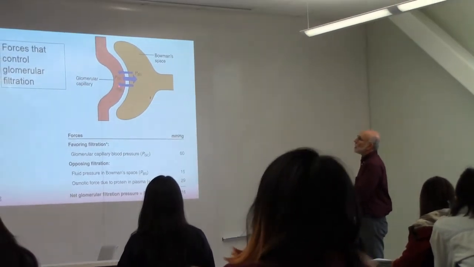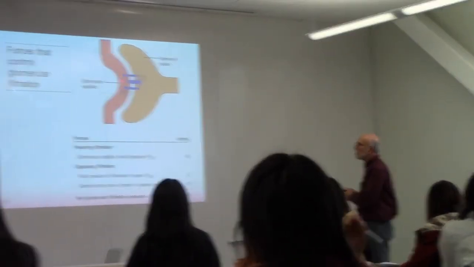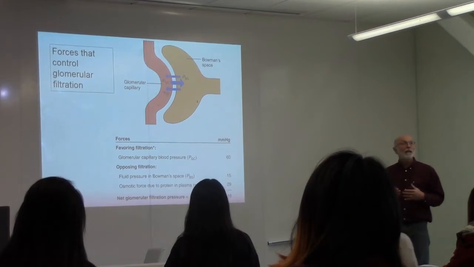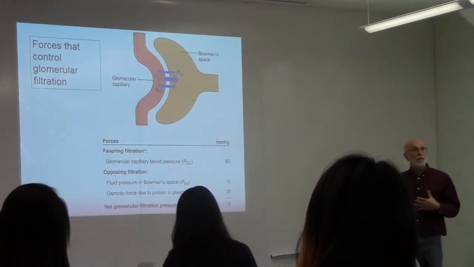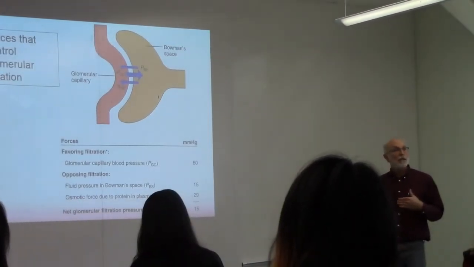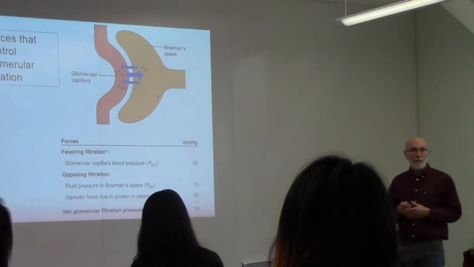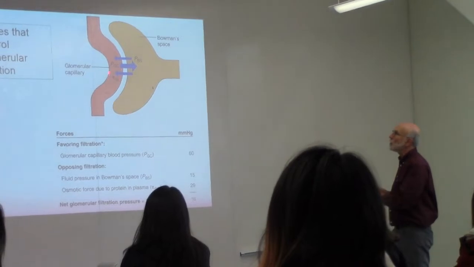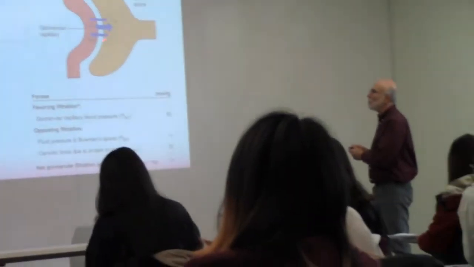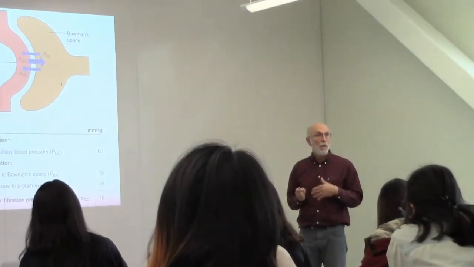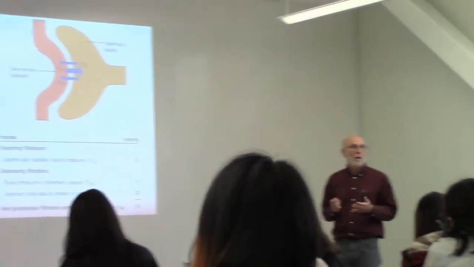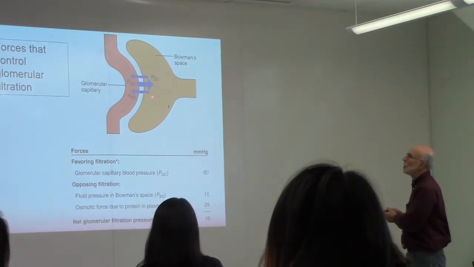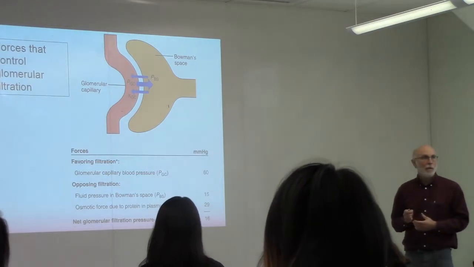And then, in addition, there is solute in the glomerular capillary, specifically albumin, that didn't get filtered. And so its concentration is increasing as filtration happens. If we have a fluid with a high concentration of solute in permeable contact with a solution of lower solute, then water flows from the lower concentration of solute to the higher concentration of solute.